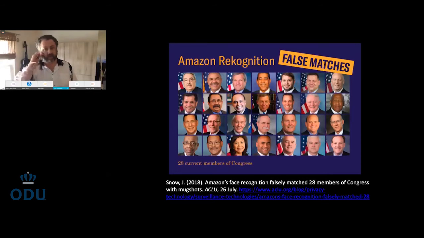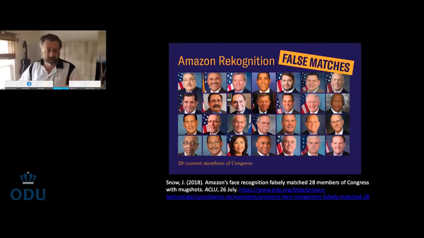And Rekognition falsely identified 28 of those elected members of Congress as known criminals. And these are them. It's a diverse group. If you know much about the racial makeup of Congress in general, you can see that this is really disproportionately representative of people of color within that elected body.